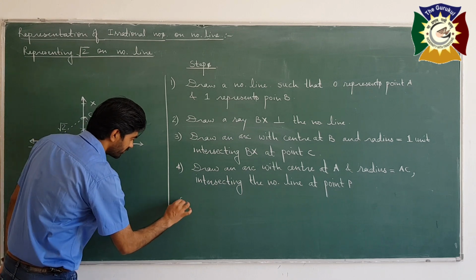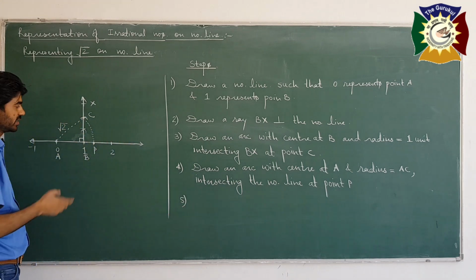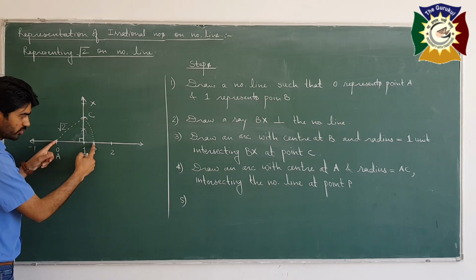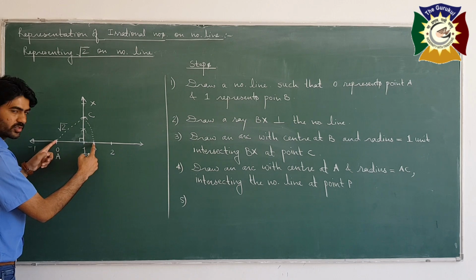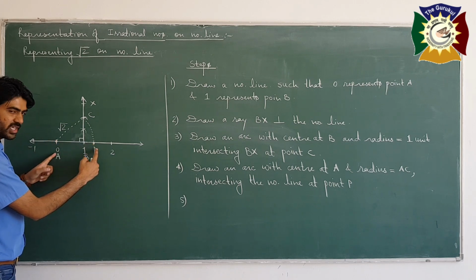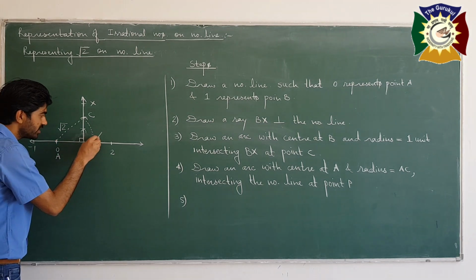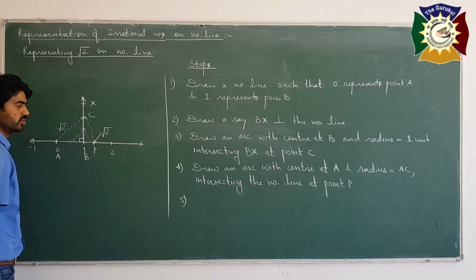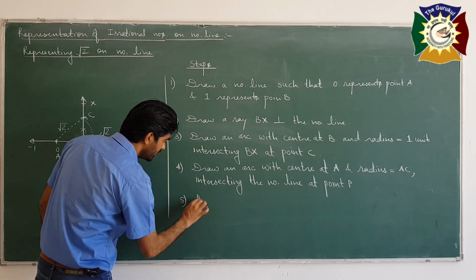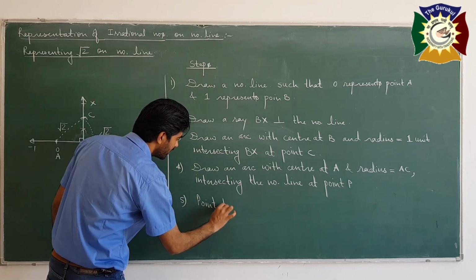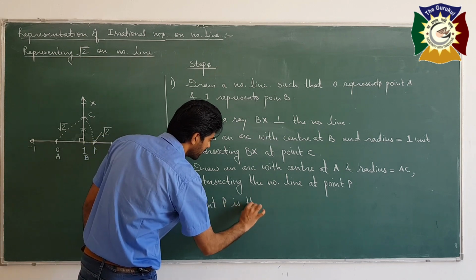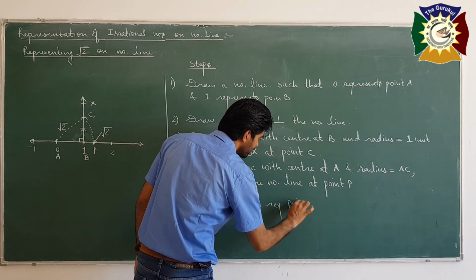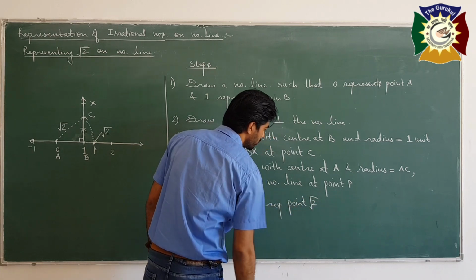So fourth and fifth step, this point P, because this length is root 2, it means this length is also root 2. So the length representing root 2 from 0 will give us the place of root 2. It means point P is the required point root 2.